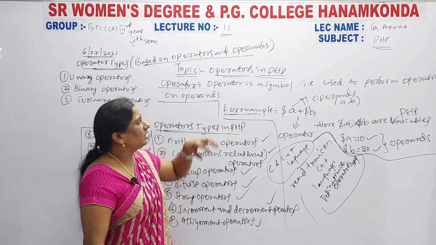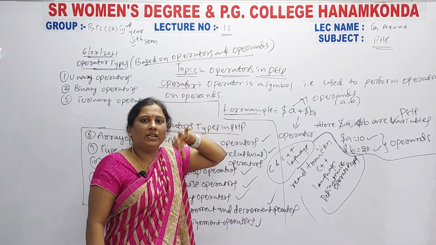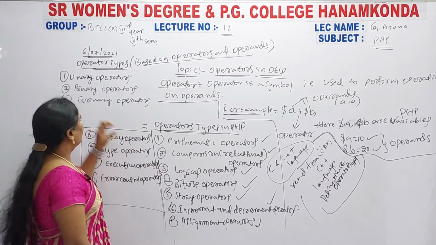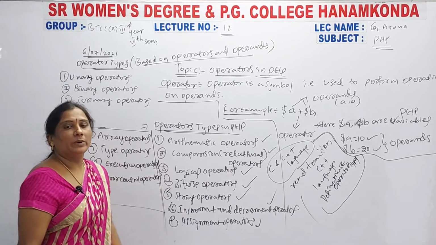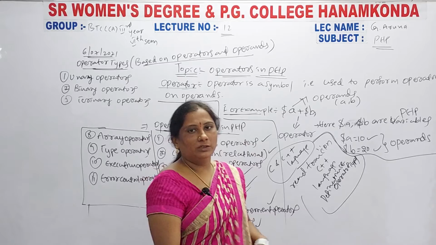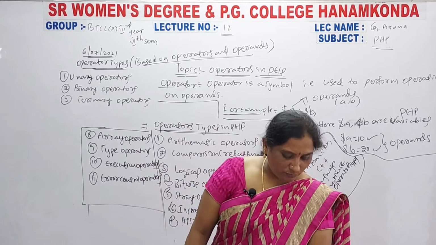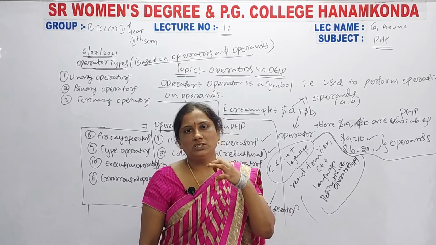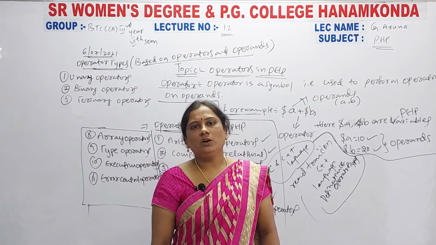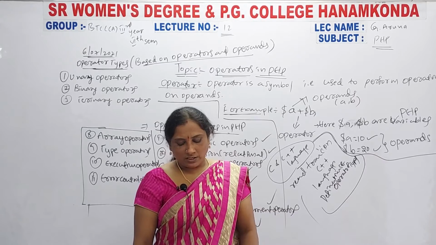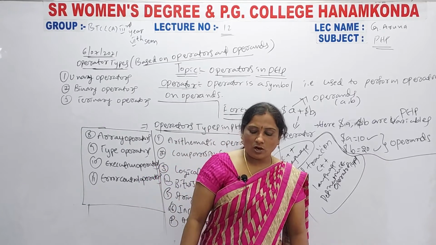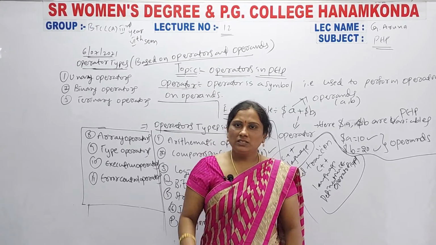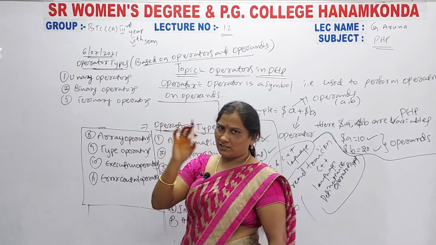Based on the operators and operands, these three are divided. First is the unary operator. What does unary operator mean? Here we have one definition: a unary operator is nothing but one that works on a single operand. Simple, remember it.